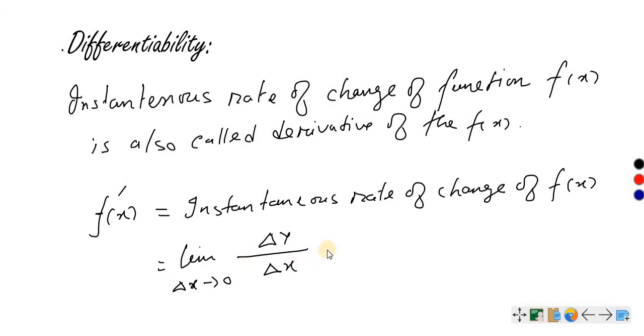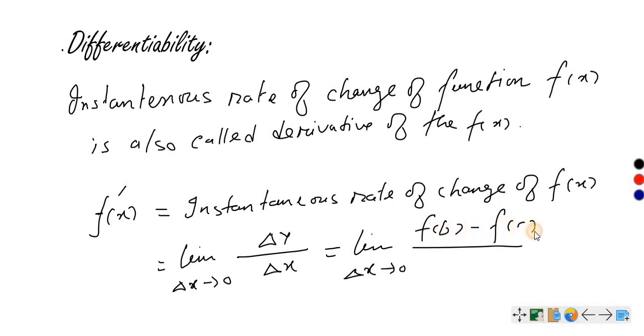So this is what the derivative of the function is. This can be further written as limit del x approaching 0 of f of b minus f of a by b minus a, where the interval is a to b.